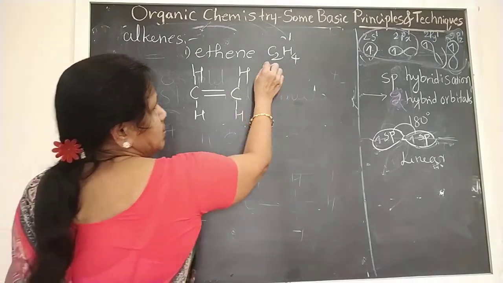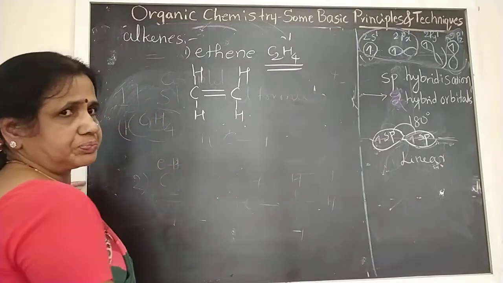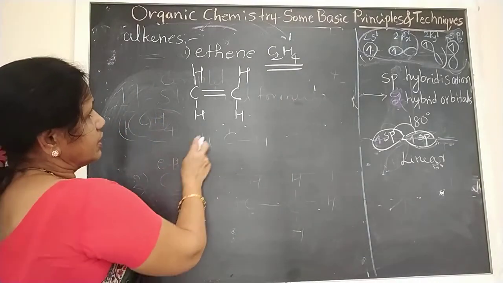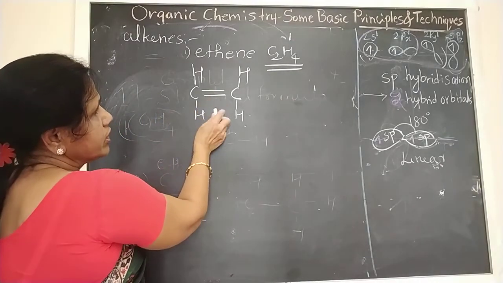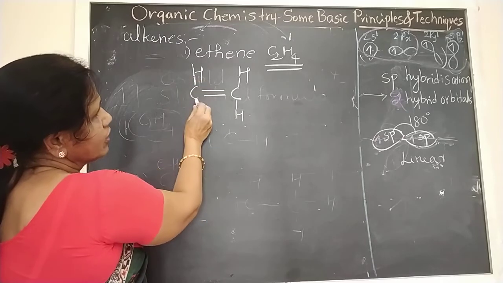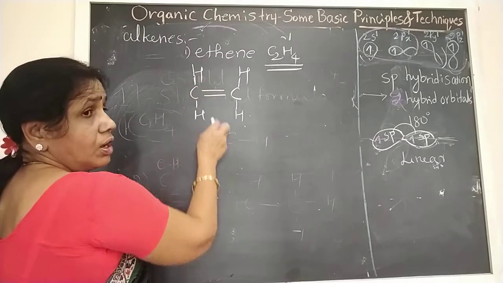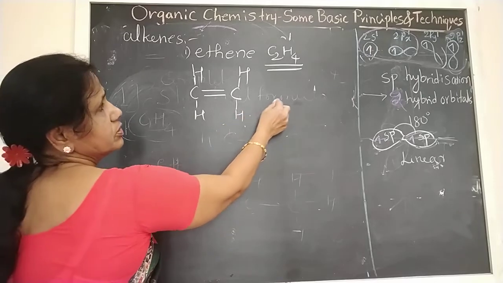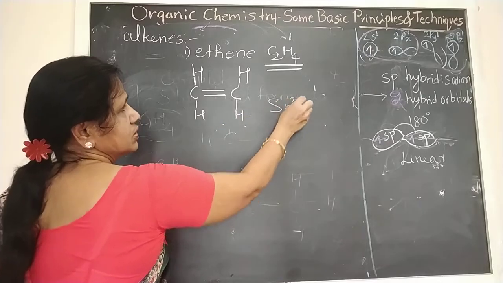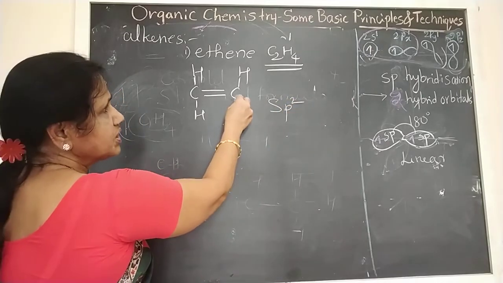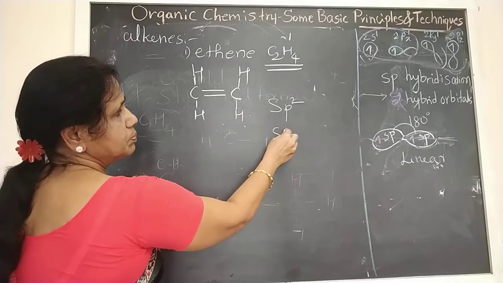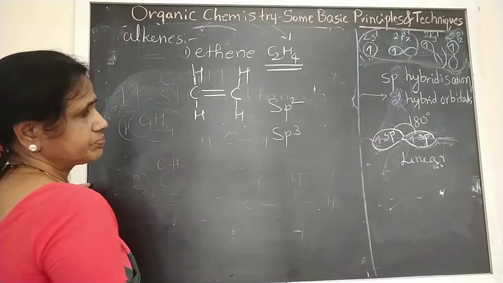Condensed structural formula means C2H4. Similarly, if there is a double bond, you can say the hybridization of carbon here is sp2. When you observe single bonds, we can say it is sp3 hybridization.